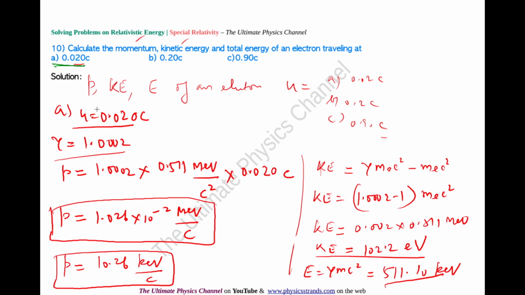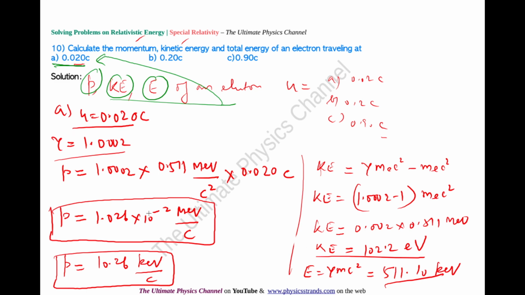So I calculated the momentum, kinetic energy and total energy of an electron traveling at this particular speed, which turns out to be 10.26 keV over c for momentum and 102.2 eV for kinetic energy, 511.10 keV for the total energy. All the three values I have calculated as the first part of this problem.